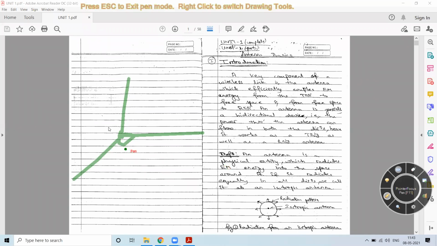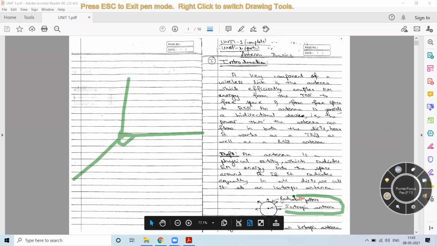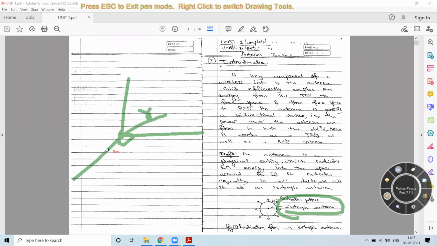Now in the case of an isotropic antenna, if I consider a distance r, and keep on changing this phi value at one particular distance, I'll be getting the same value. Say if I got a radiation value of 10, at another angle also I'll be getting 10, and so on.